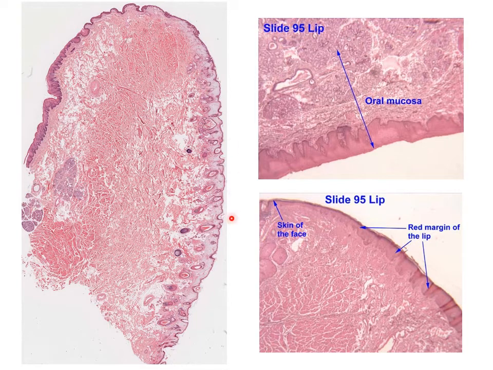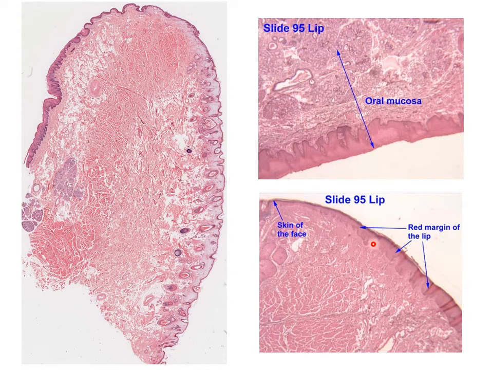The outer surface of the lip is skin, nothing unusual. That's epidermis and hair follicles. The red margin of the lip is here. If we zoom in on that portion of the slide, we see this picture. The red margin of the lip has stratified squamous parakeratinized epithelium, and there are deep papillae of the lamina propria.